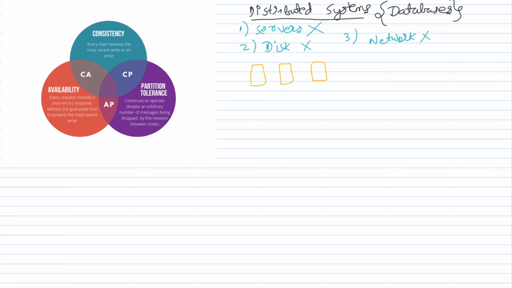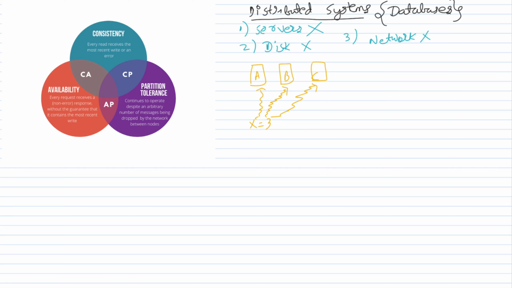So if you go to node A and ask for the value of x, let's say it returns x equals 3. Then at the same time, if you ask node B, it will also return x equals 3, and node C would also return x equals 3. This makes your system consistent.